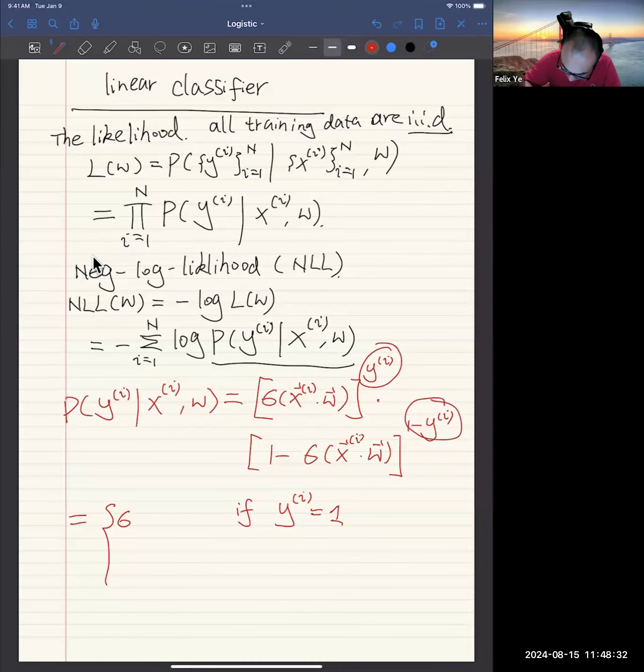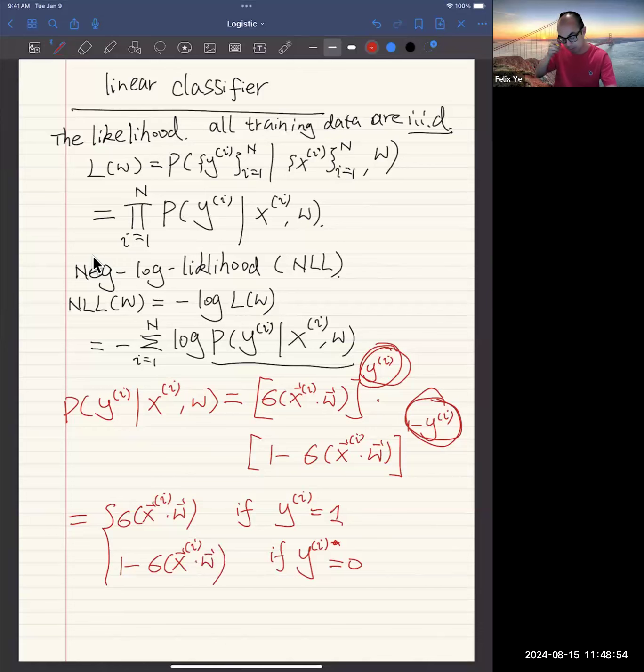So this becomes sigma of xi w. If yi is 0, this is 0, this is 1, so this is 1 minus sigma of xi w.